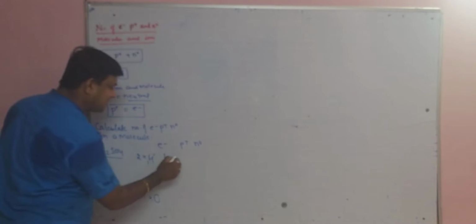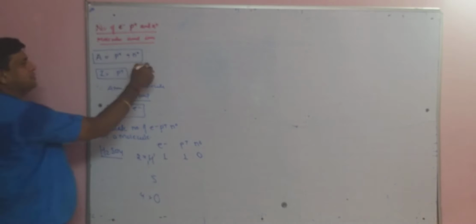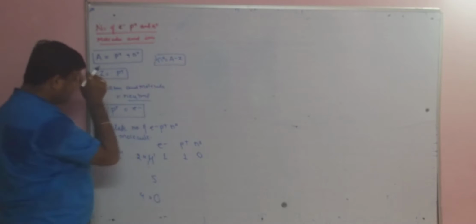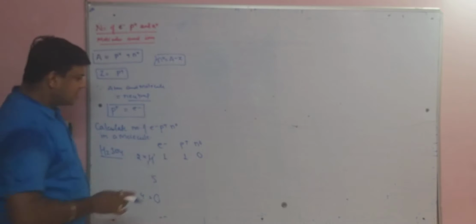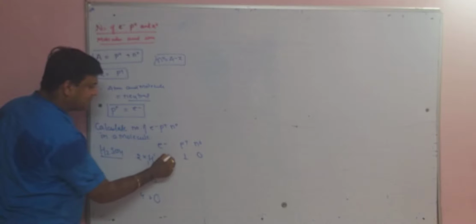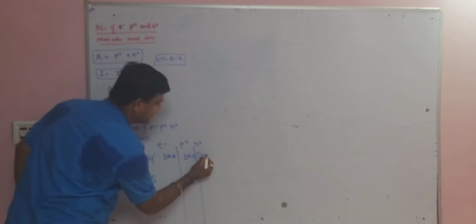Hydrogen has 1 electron, 1 proton, and neutrons are 0. The formula is: number of neutrons is equal to A minus Z. In the case of hydrogen, A is 1 and Z is 1, so we subtract and neutrons are 0. Since 2 hydrogens are there, I multiply by 2. The answer is 2 electrons, 2 protons, and for neutrons it is 0.